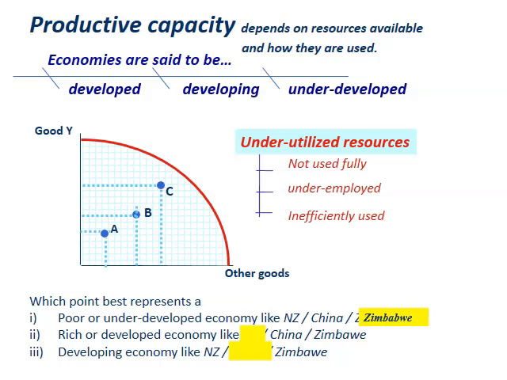So Zimbabwe would be an example in the world today of a very poor country, while New Zealand would be the best example of a rich or developed country. And of course a developing economy is one that's using its existing resources more fully, and that would be China.